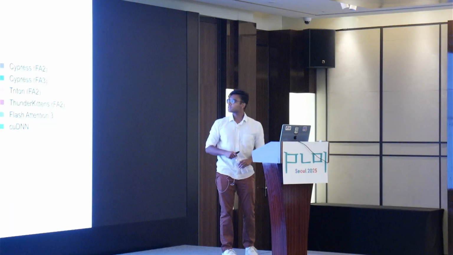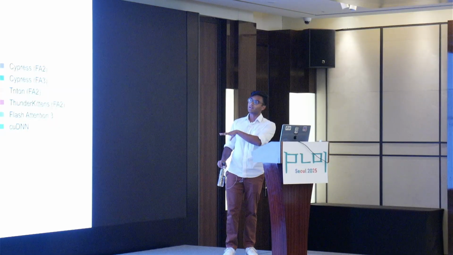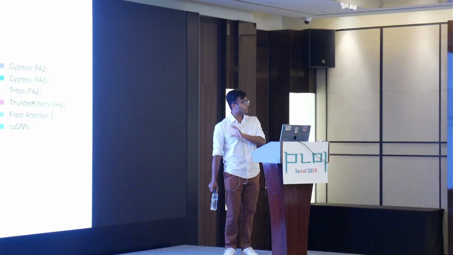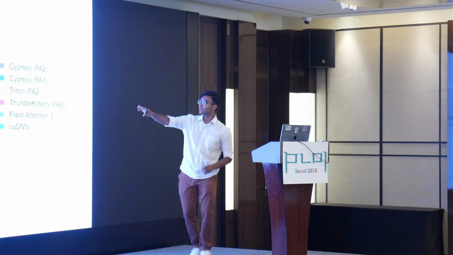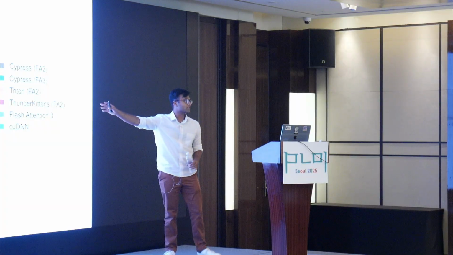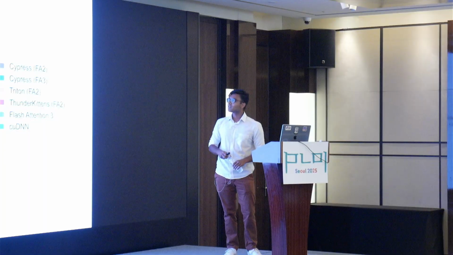Yeah, so first, at the time of writing, ThunderKittens had only implemented Flash Attention 2. So there's a slight algorithmic difference. You can reconfigure these algorithms to perform very similarly to Flash Attention 3, which is a separate thing. But there are a lot of small differences inside the actual generated code.